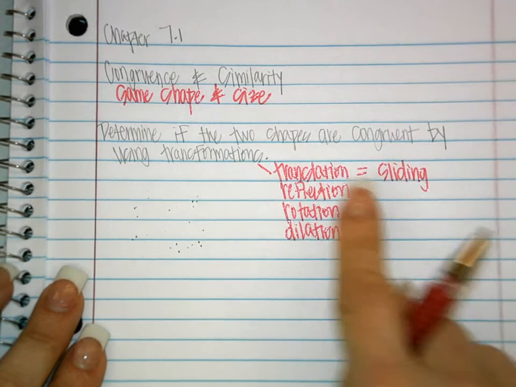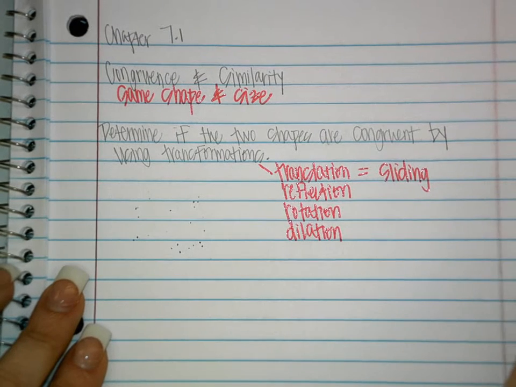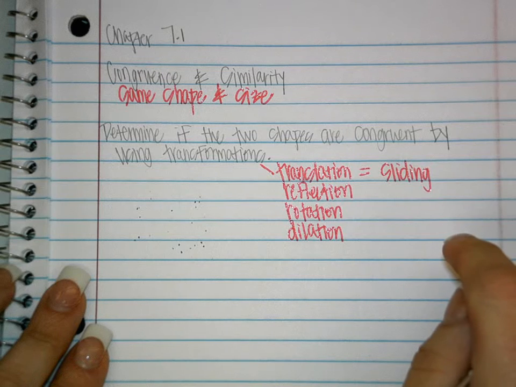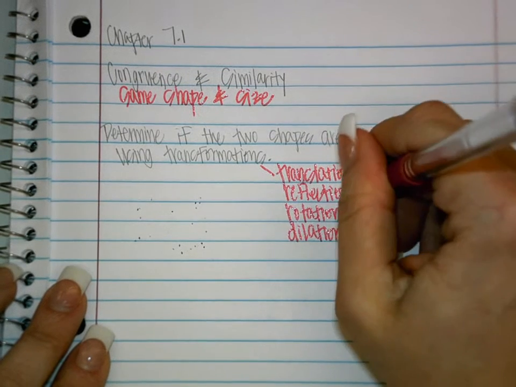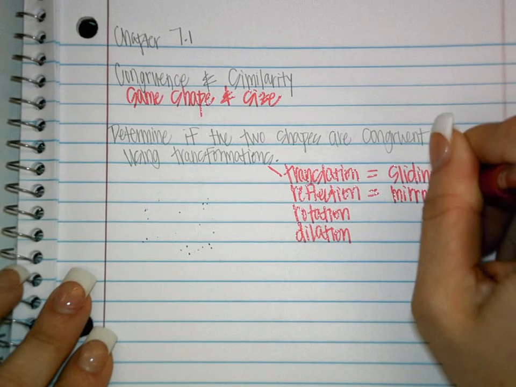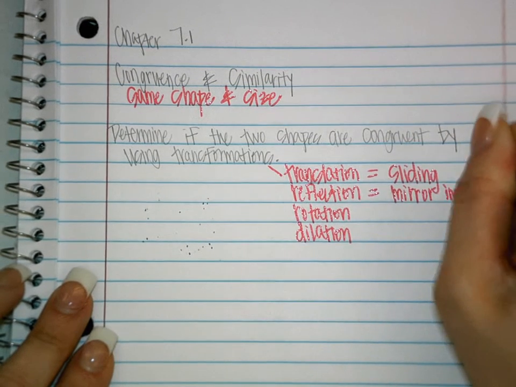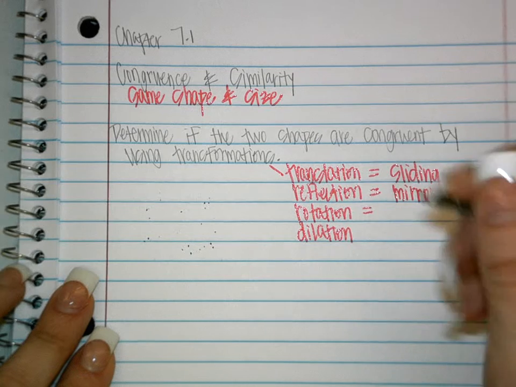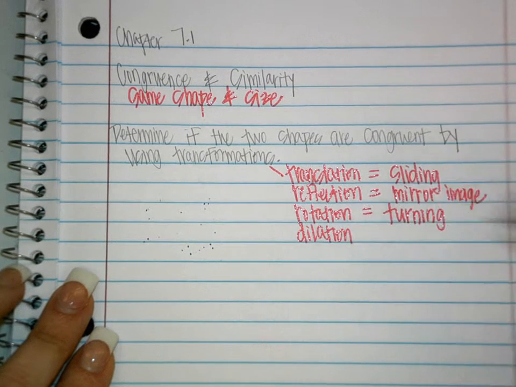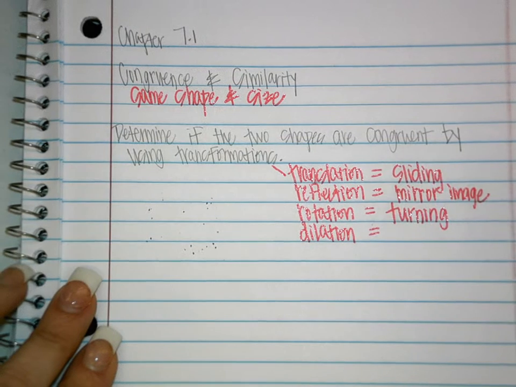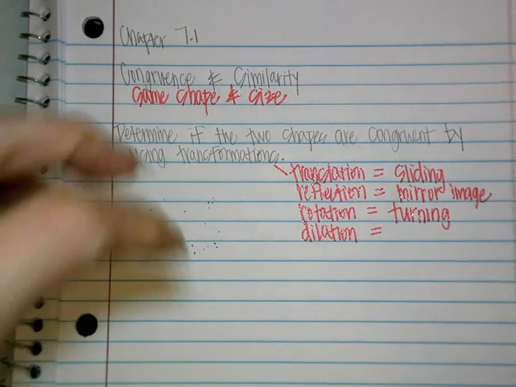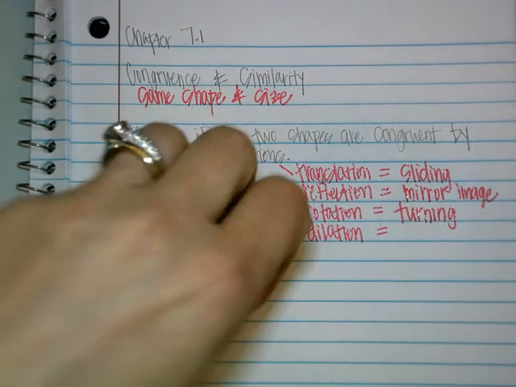So a translation is when you slide something. Reflection is like a mirror image. How about a rotation? Rotation is turning. And a dilation is what? When you make it bigger or make it smaller. Remember, dilations can make something smaller.